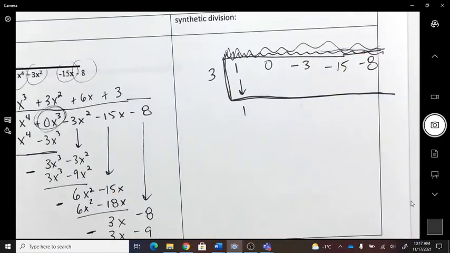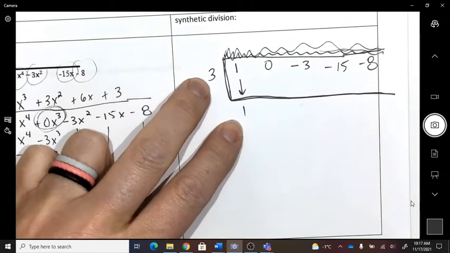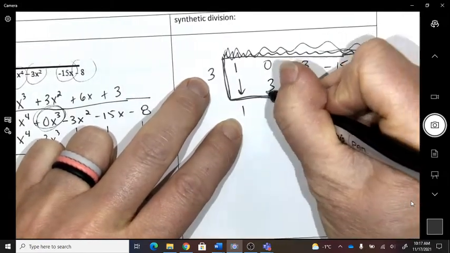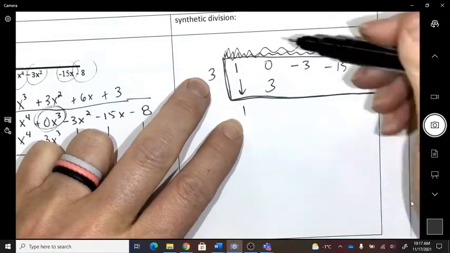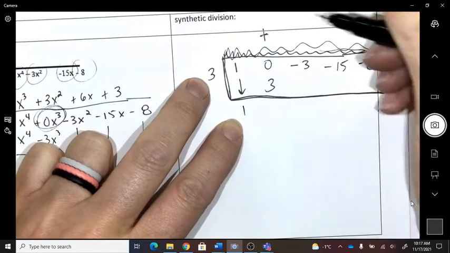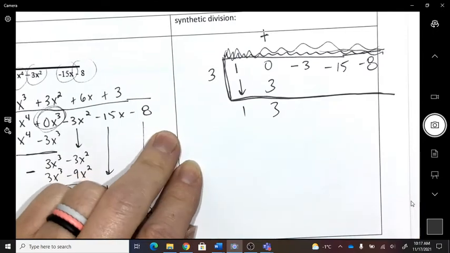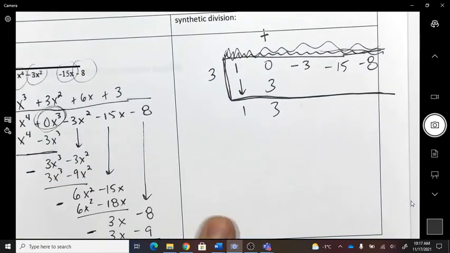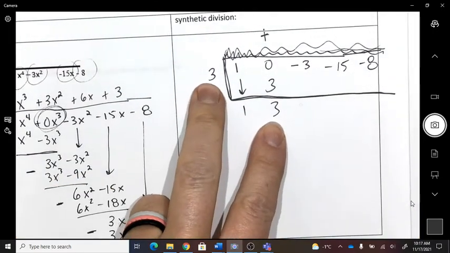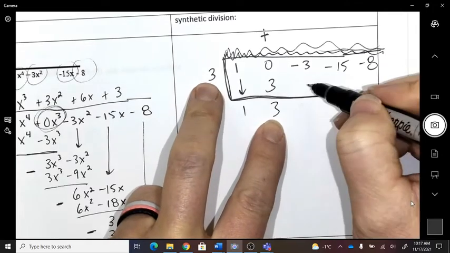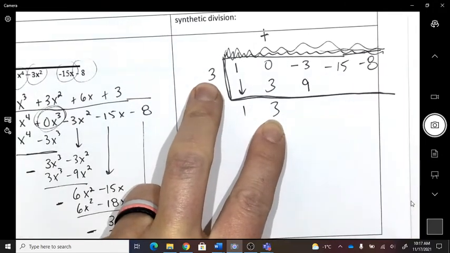1. Multiply, you get 3. Now you add, 3. Multiply, 9.